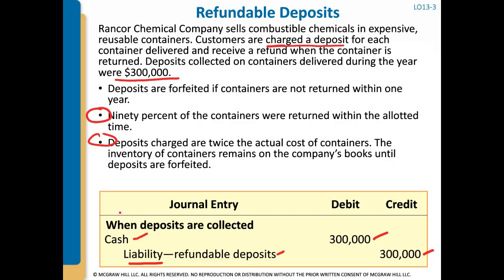The inventory of containers remains on the company's books until deposits are forfeited. So when this company sells these chemicals in these containers, the containers remain in their inventory on their balance sheet. Only when they are not returned within the allotted time does the company have to take that inventory for that container off its balance sheet.